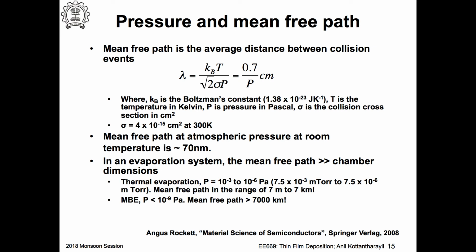Kb is the Boltzmann constant, T is the temperature in Kelvin, and P is the pressure in Pascal. Sigma is the collision cross section in centimeter square. And you can see some typical values for sigma, so 4 × 10⁻¹⁵ centimeter square.